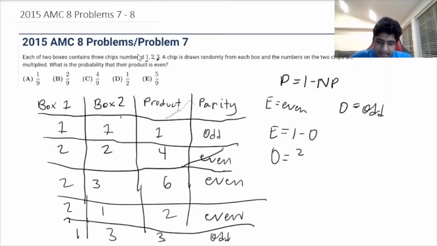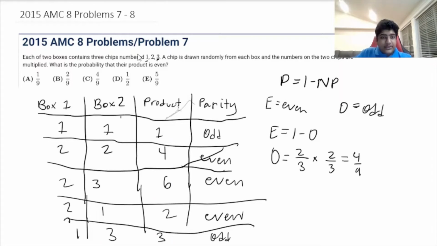So the number of successes is 2, and the number of total outcomes is 3. Now we have to factor in box 2. In box 2, there's also 2 successes, being 1 and 3, and there's 3 totals, which are 1, 2, and 3. And this probability is equal to 4 over 9.